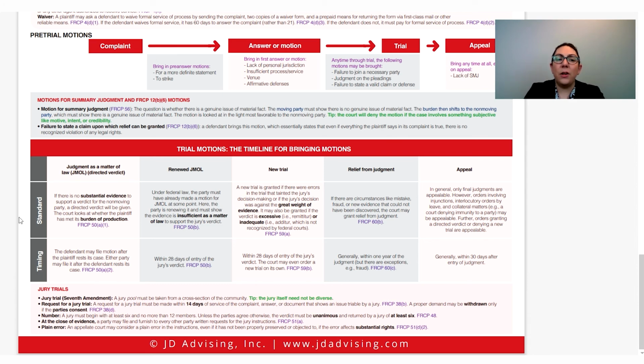Just a few final notes on jury trials and some of the rules regarding jury trials under the Federal Rules of Civil Procedure. The Seventh Amendment of the Constitution protects the right to a jury trial and dictates that the jury pool must come from a cross-section of the community. That means the people who are called to jury duty.